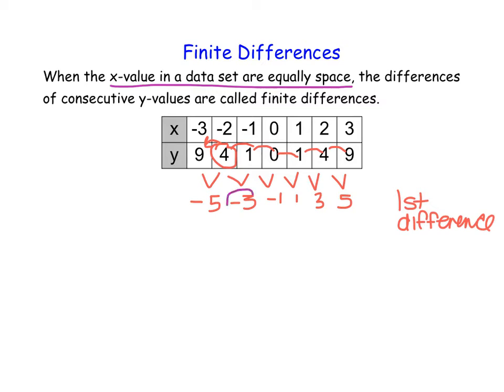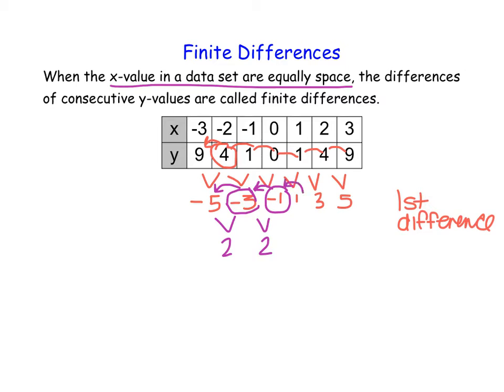So here now we would take negative 3 and subtract negative 5 from it. Negative 3 minus negative 5 becomes negative 3 plus 5, so that becomes 2. Then I have negative 1 minus negative 3, which becomes negative 1 plus 3, and that becomes 2.